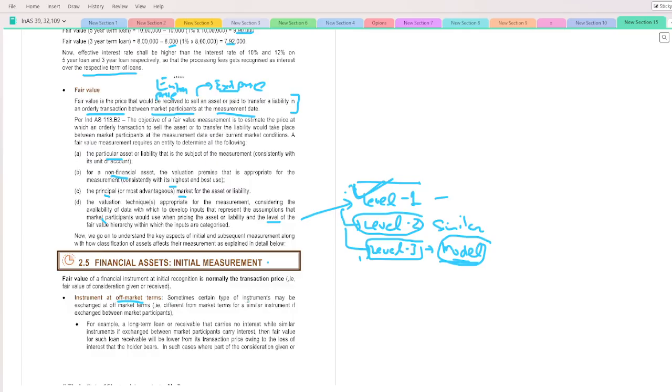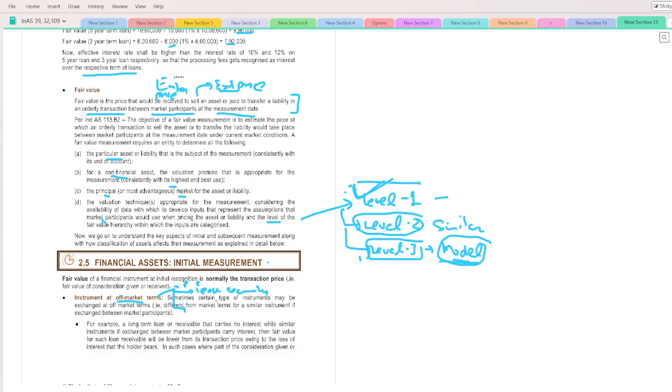Here three types of instrument will come. First, the parent is giving a loan to the subsidiary company. Second is the lease contract, where you have a security deposit, which we have already covered earlier, where it's interest free. And the third is the company giving a loan to its employee.